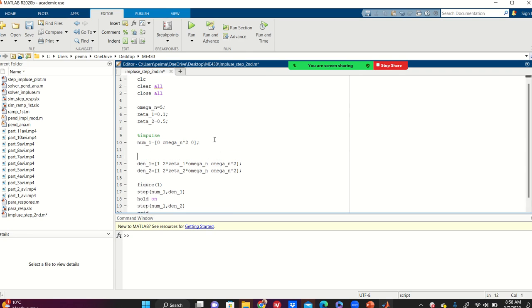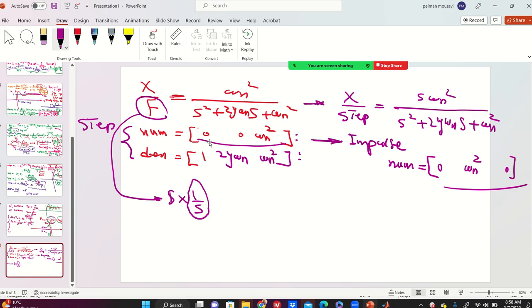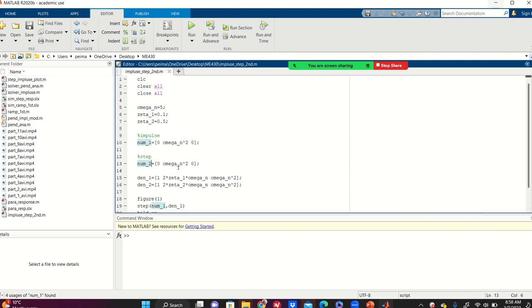and when I say for the step, I have to change the numerator to the standard one that we had. Okay, for the step, num2, look here, guys. 0 0 omega n square. This is 0 0 omega n square.